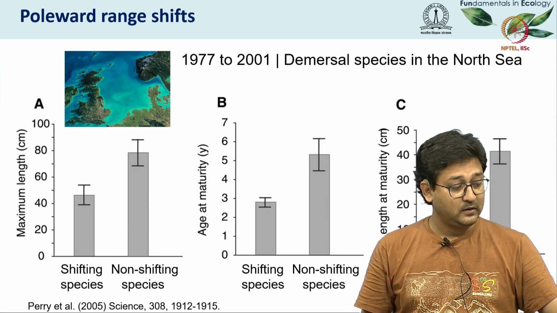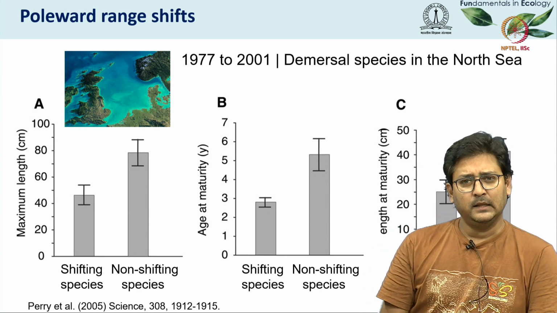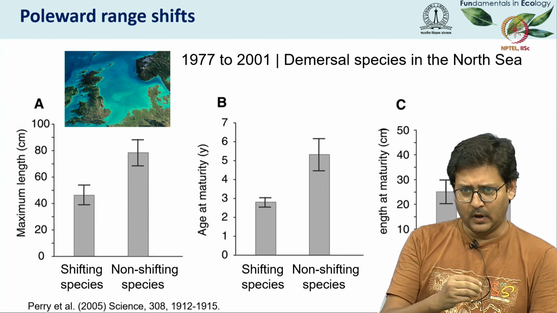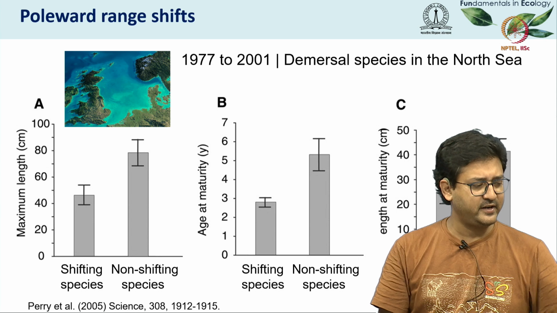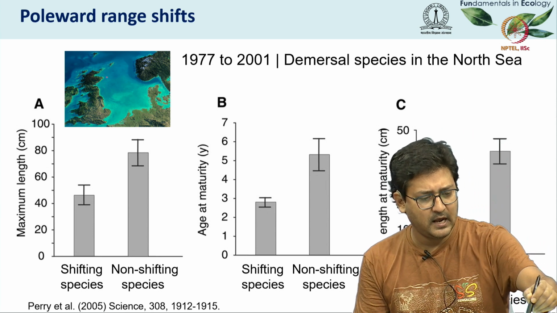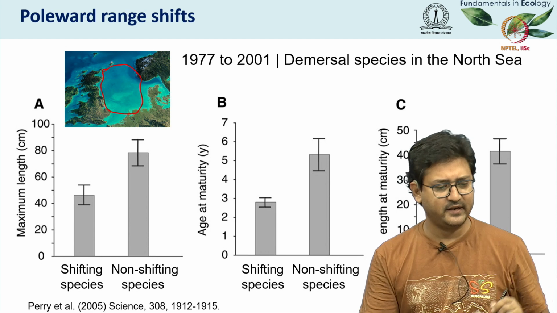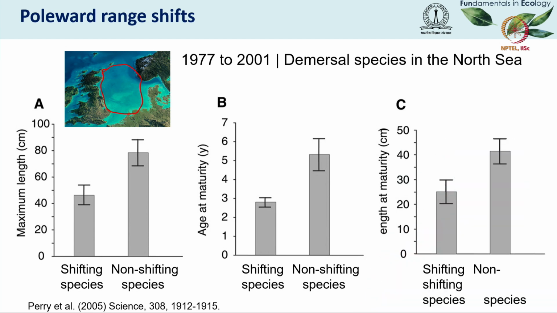If you look at what are the determinants of some of these poleward range shifts, then if you look at this in fish in the North Sea, which is the region between the island of Great Britain and Scandinavia, this area here, and you look at species that have either shifted their range or have not shifted their range, then you can see that the shifting species tend to be smaller.